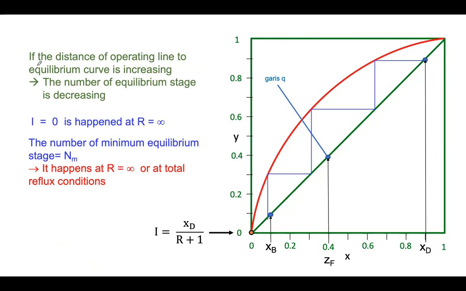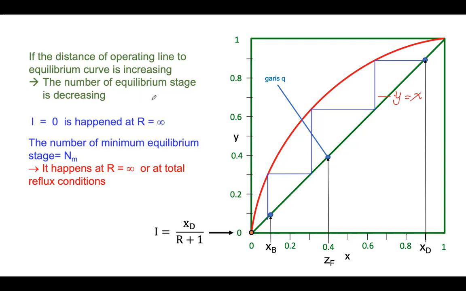If the distance of the operating line to the equilibrium curve is increasing, and let's say we put the operating line on here, similar to the line y equal to x, then the intercept actually becomes 0.